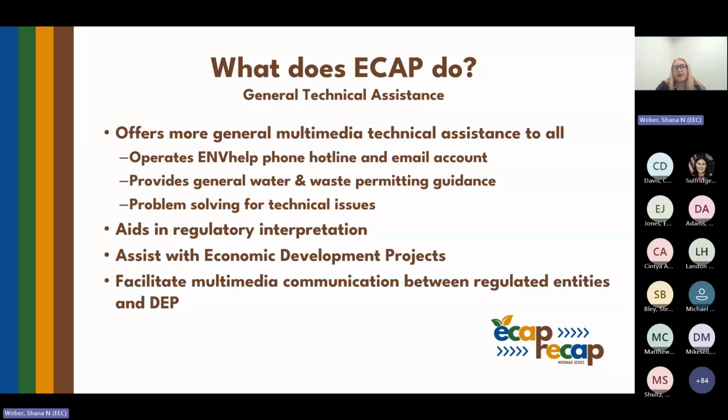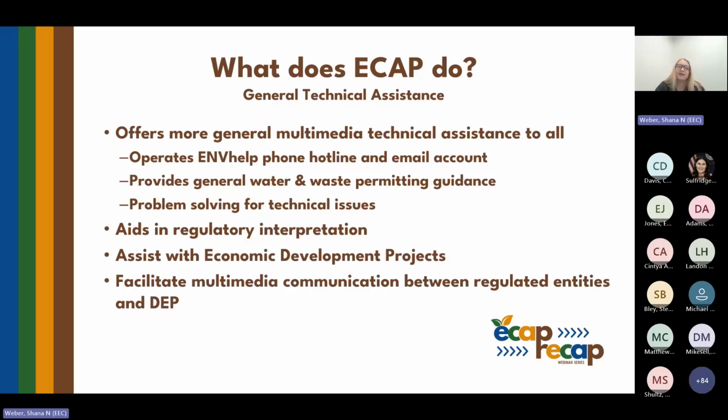But we generally do get questions a lot about things like KPDES permits or questions about hazardous waste. For a lot of these areas, like solid waste, we aren't the experts and we know that. So we kind of act as a referral service, and we'll get you in touch with those subject matter experts. So if we don't know the answer to your question, we will find somebody who can best help you.